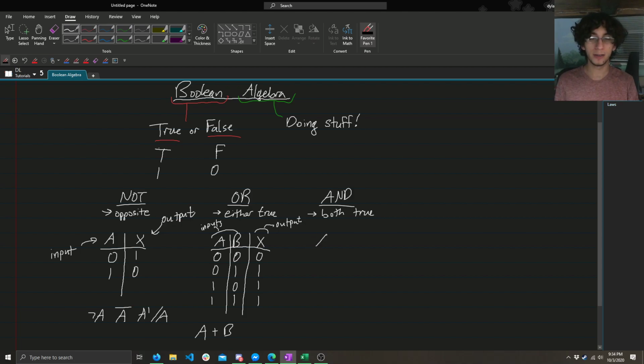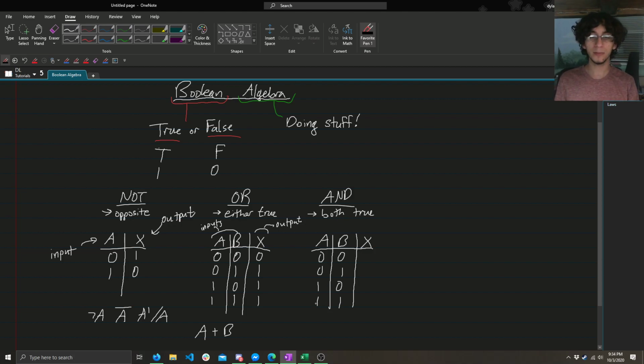Now for the AND gate, this is also a two-input gate, so we have A and B and our output is X. Now we have four possibilities again, either a 0 and a 0, 0 and a 1, 1 and a 0, or a 1 and a 1. Now, AND is only true when both of them are true.